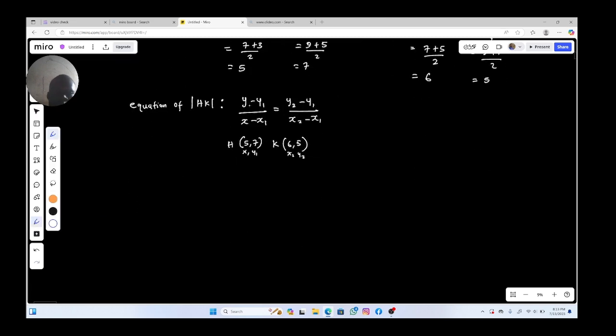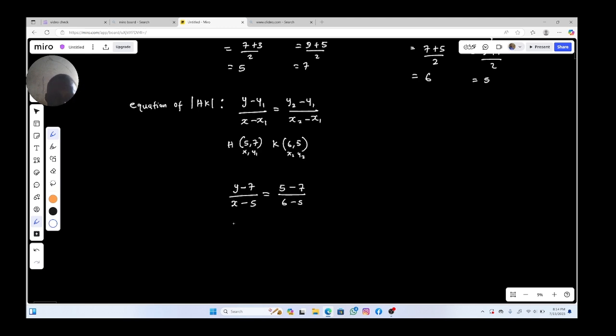Now the equation is going to be y minus y1, which is 7, over x minus x1, which is 5, equal to y2, which is 5, minus y1, which is 7, over x2, which is 6, minus x1, which is 5.